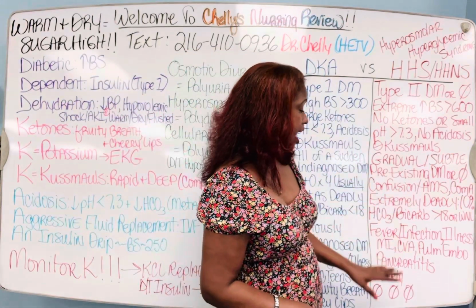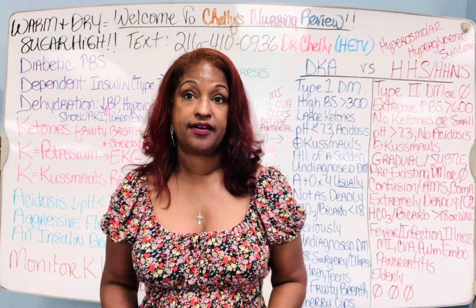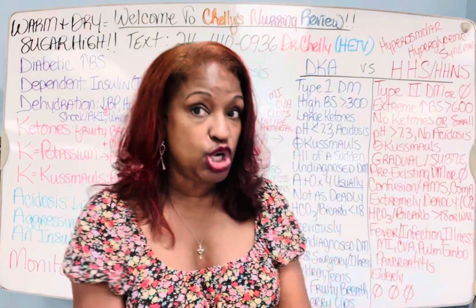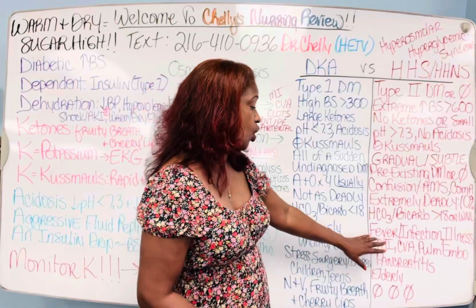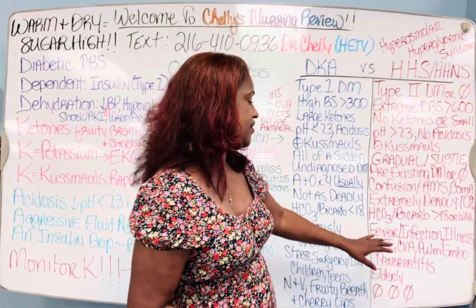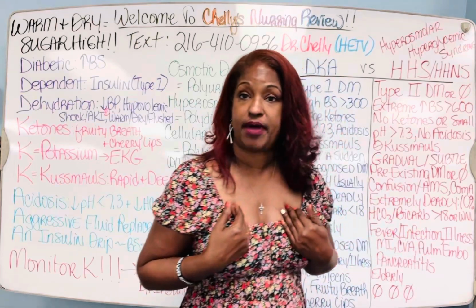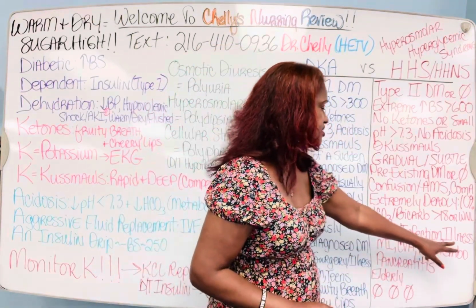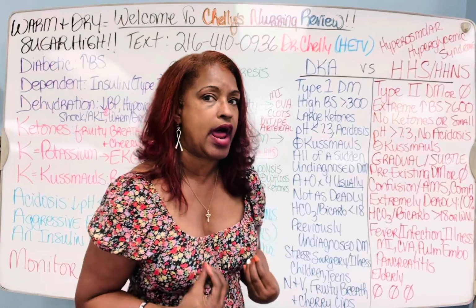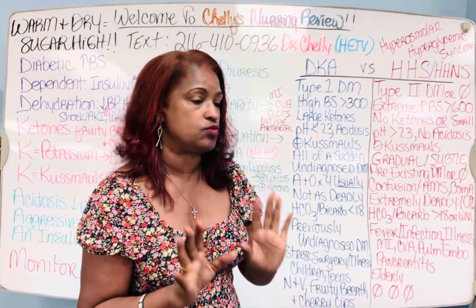For HHS, you have a diagnosed type 2 diabetic who is very sick, and they either have a fever, some type of infection. With my very best friend, it was COVID, some type of serious, chronic, horrible illness that has gotten really bad.